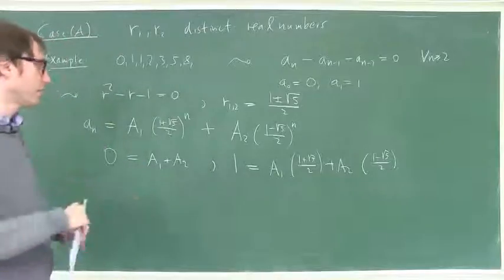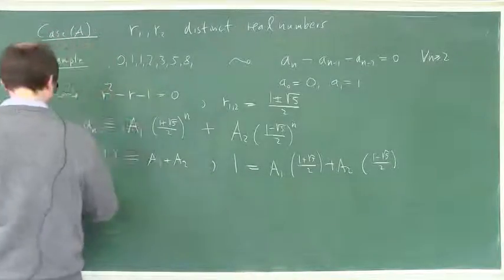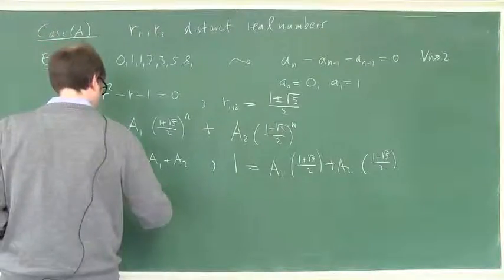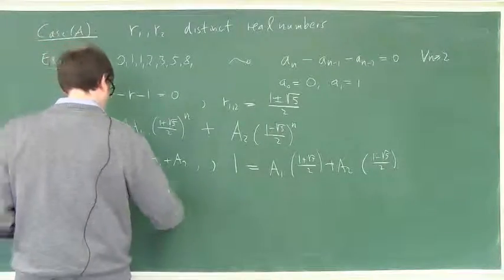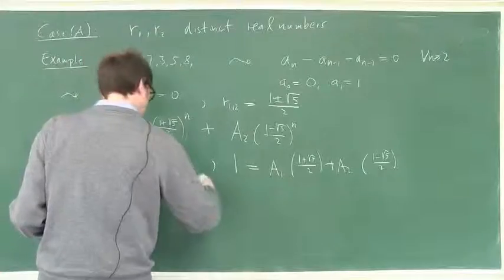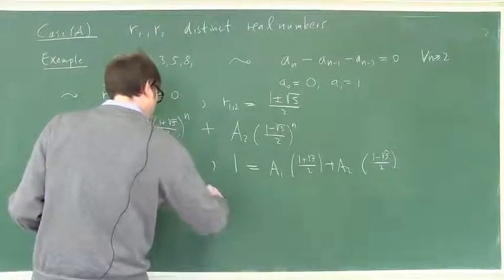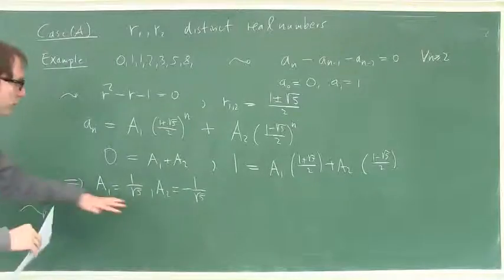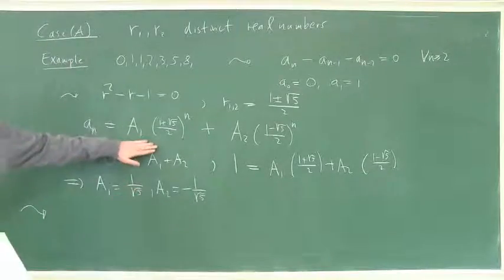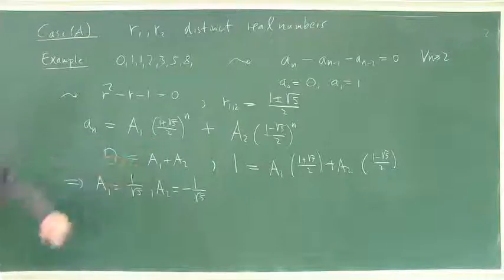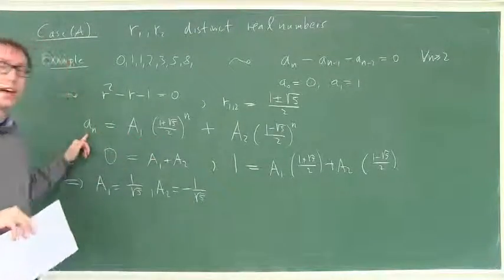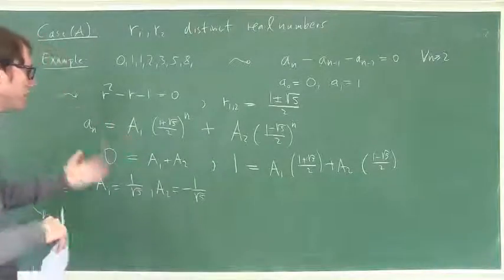So we can solve them, and I'll leave that up to you. We'll find out that A1 is 1 over square root of 5, and A2 will be minus 1 over square root of 5. So if we choose these two parameters, then the right side will satisfy the same recurrence relation as the left side, and it will agree on the initial values, so they will be the same.